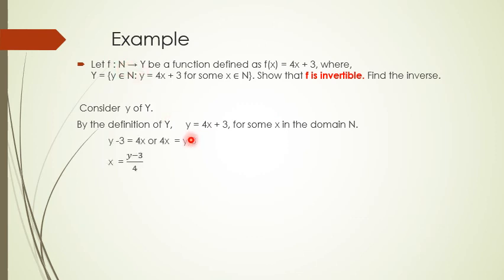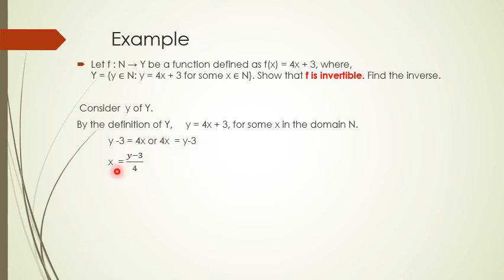Then, by simple calculations, y minus 3 equal to 4x. That is, we take 3 to the left side. Then we interchange RHS and LHS. We get 4x equal to y minus 3. Then we move 4 from LHS to RHS.